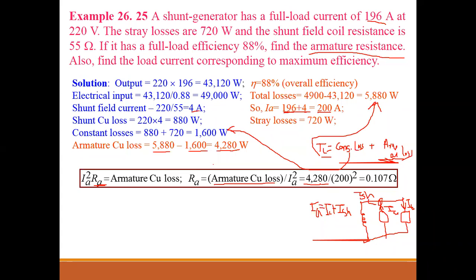Once we finish the calculation, it becomes 0.107. So this is the armature resistance, the first value they asked for in the question. Is there any problem while calculating the armature resistance?